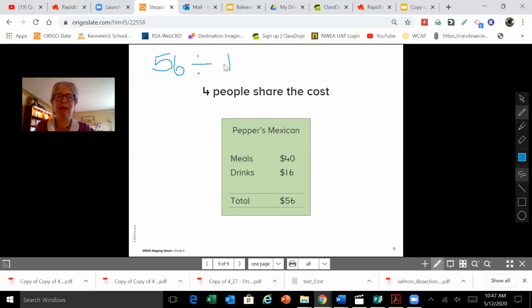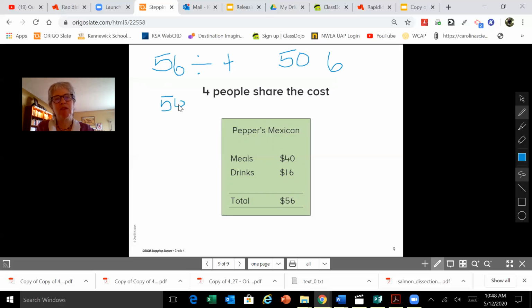Now again, if I just think 50 and 6, that's not really going to get me where I need to be, because when I look at that, I go, boy, 50 is not divisible evenly by 4, and 6 isn't either. So I have to start thinking flexibly. I'm going to put 56 up here.